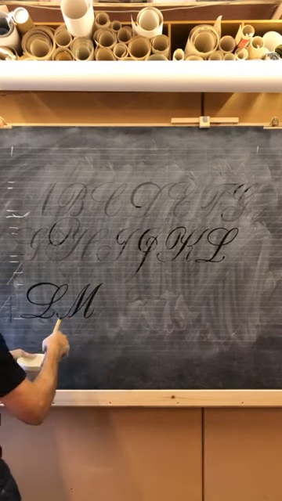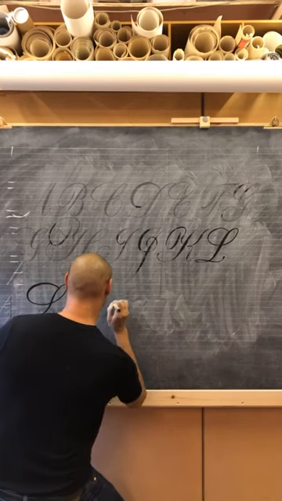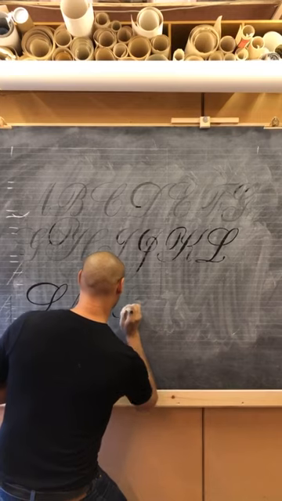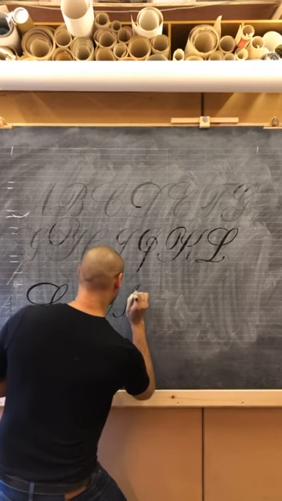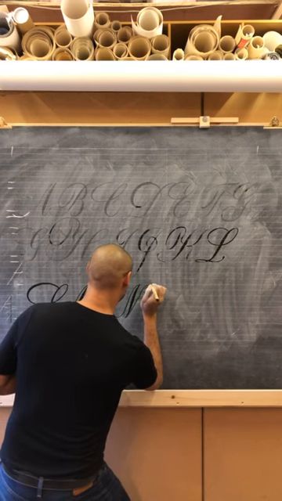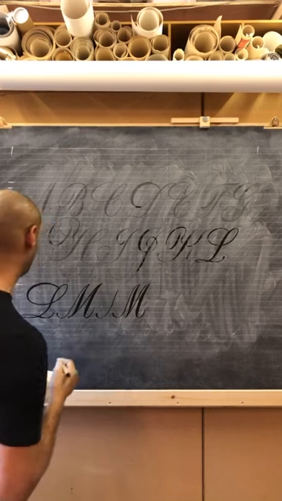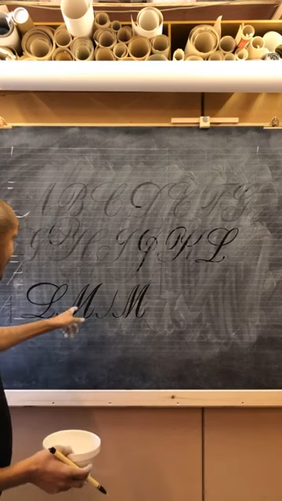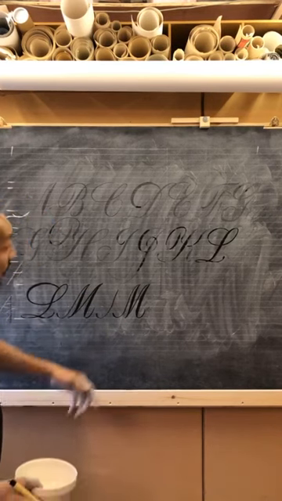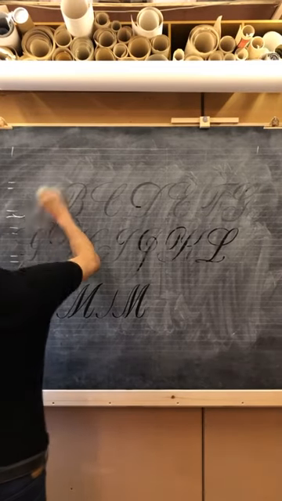So that's a little bit slightly too low to do this. I'm not on the 55 there, but that's a better M than this, because this has gone all the way across. Let me just wipe this off quickly.